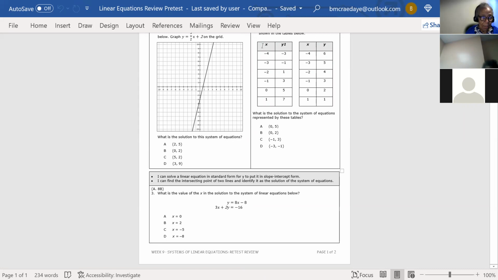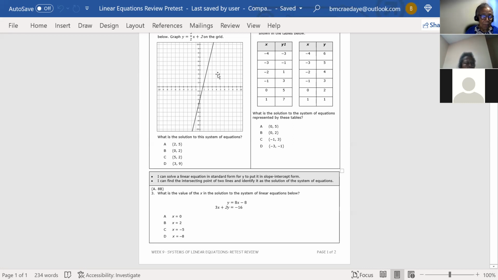In this one, I only gave you one line, so you need to plot this second line, and that would give you the intersection. To do that, you just put them in tables from 0 to 3 and find the y value and put it on this line, and wherever the intersection occurs, that would be the answer to the problem.